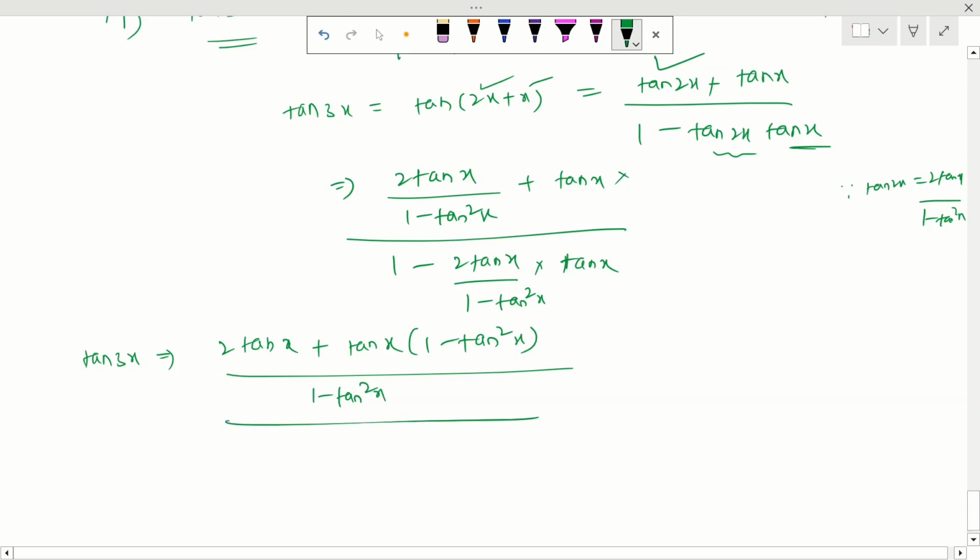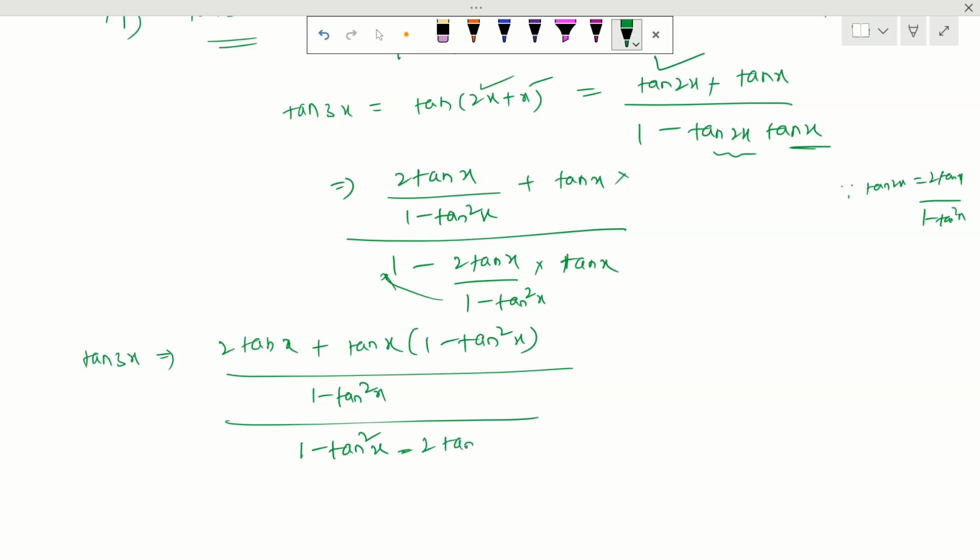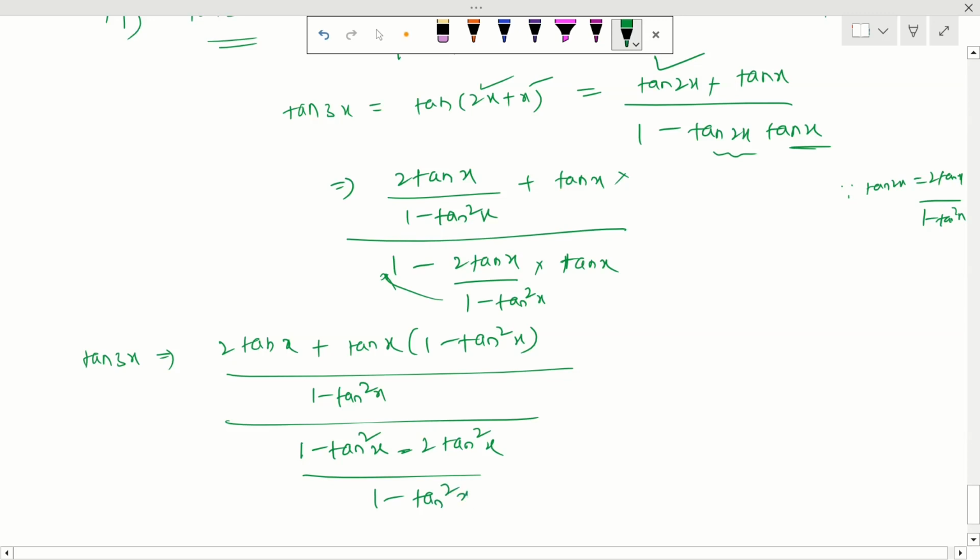Now the second equation, 1 minus tan square x, I am multiplying on this side because I am taking the LCM 1 minus tan square x, and here minus 2 tan x and tan x becomes 2 tan square x, and the denominator term is 1 minus tan square x.